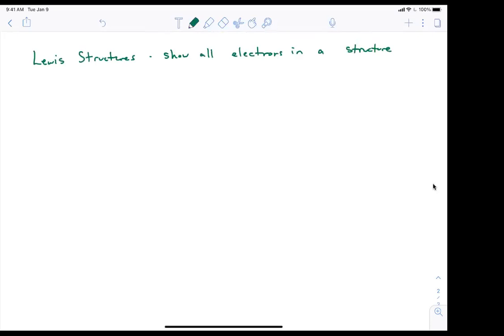They kind of leave out the lone pairs that don't actually involve anything. Lewis structures have to show all electrons in a structure. And so you will get docked points if you don't show the lone pairs on some of the terminal atoms and things like that. So this is why I think it's important to kind of reinforce that when you're drawing the structures.